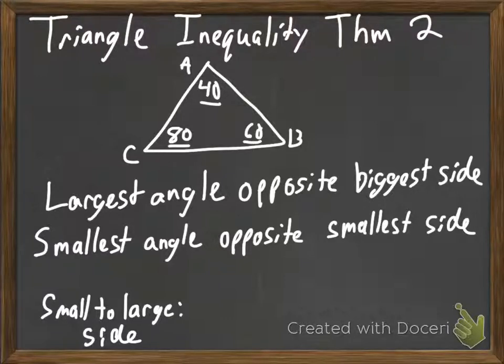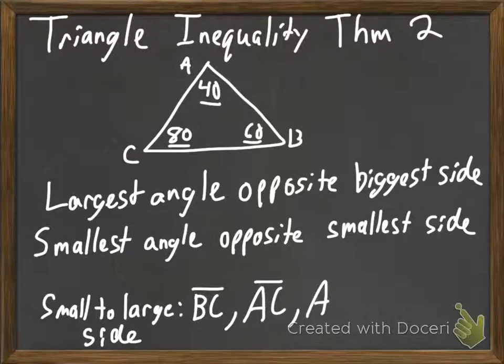Well, angle A is the smallest, and it's opposite BC, so BC is the smallest, then AC, then AB. So that's triangle inequality theorem 2.